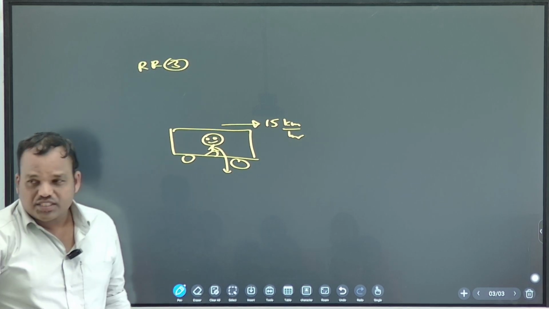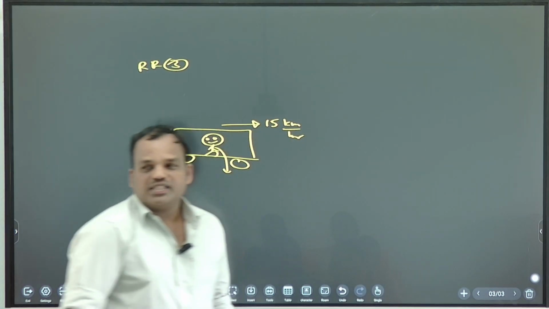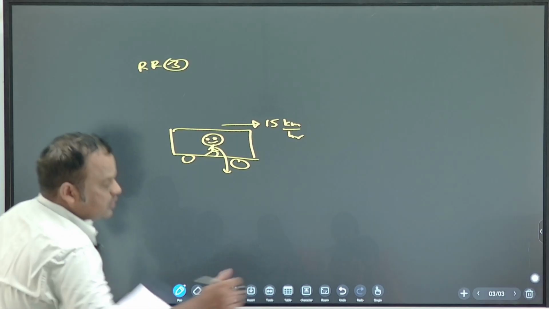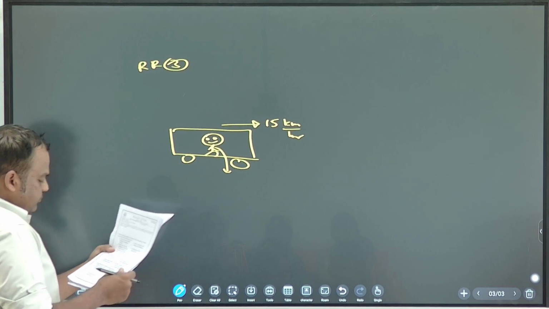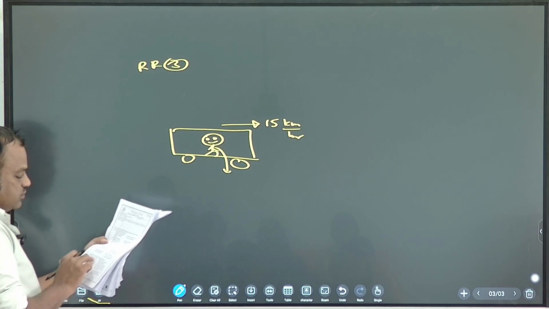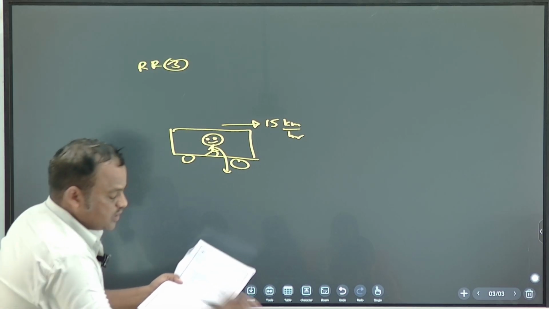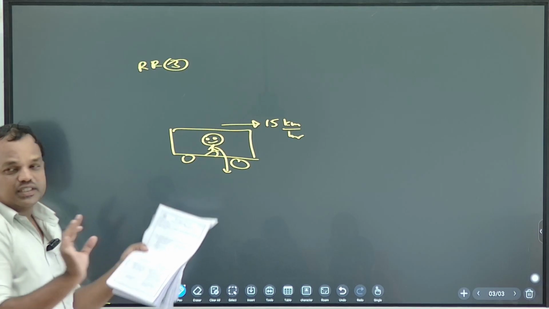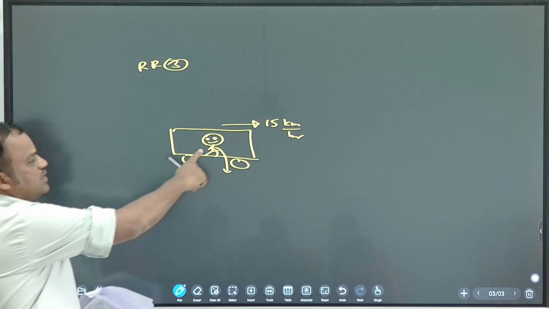So passenger is still in motion. It will slip on the ground. So why does the man getting down from a running bus fall forward? Because of inertia of rest or motion? Motion. Because in the bus it was in motion.